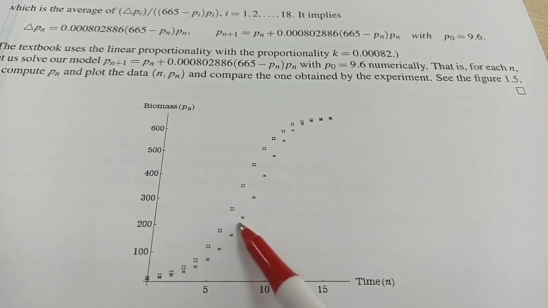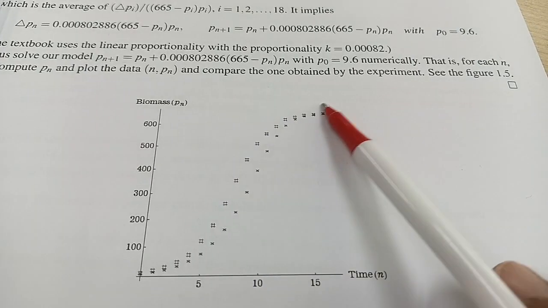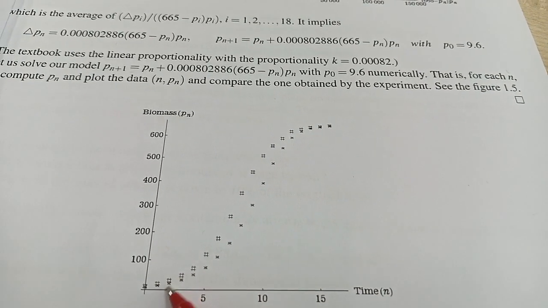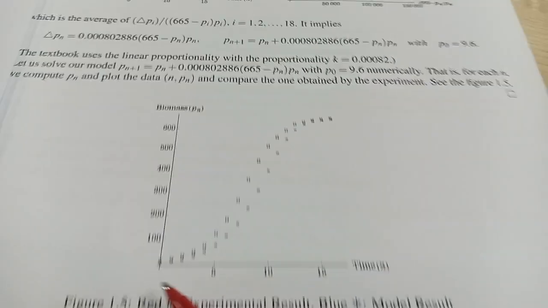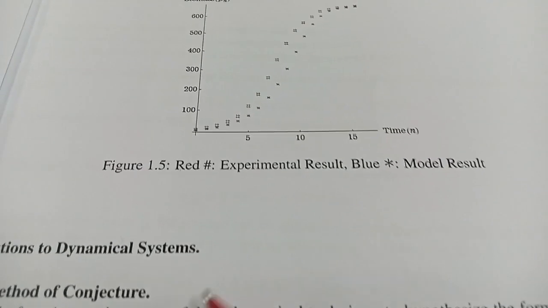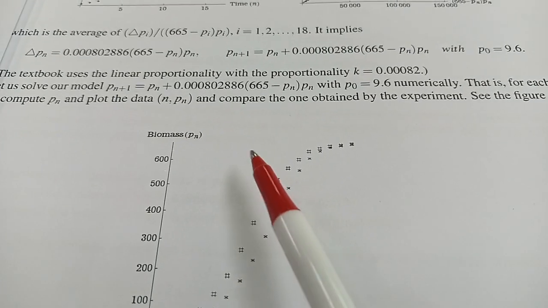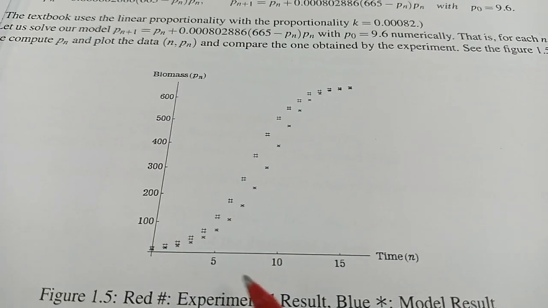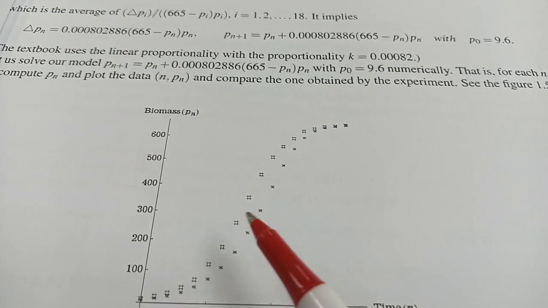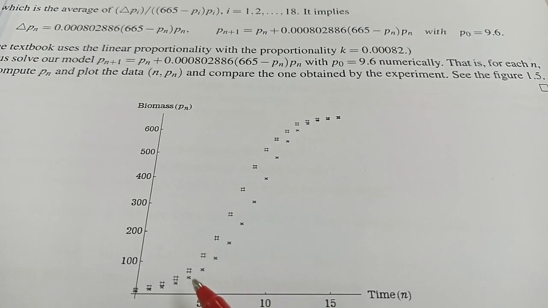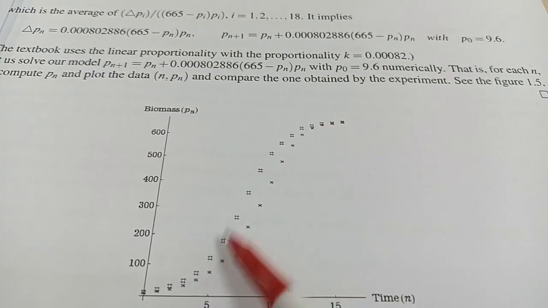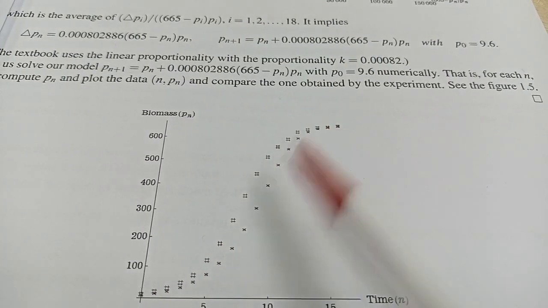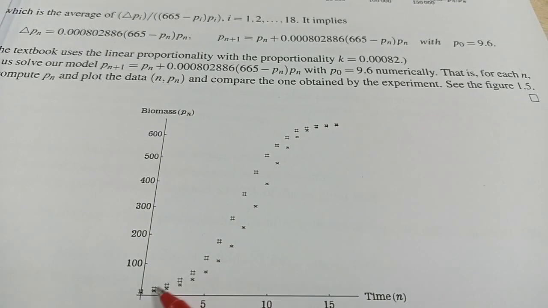So this is the comparison, the actual data and the model data. The actual data is the experiment data or observation data, and the model data is called the predicted data. So it's about the same.